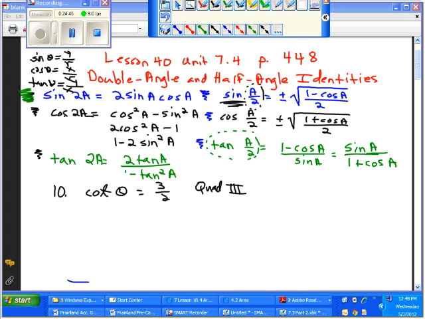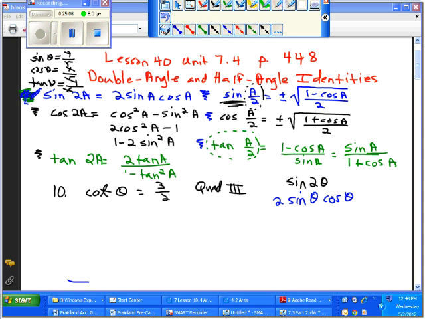And we're looking for sine 2 theta again. So we're going to expand the sine 2 theta using the identity, and we're going to have 2 sine theta cosine theta.